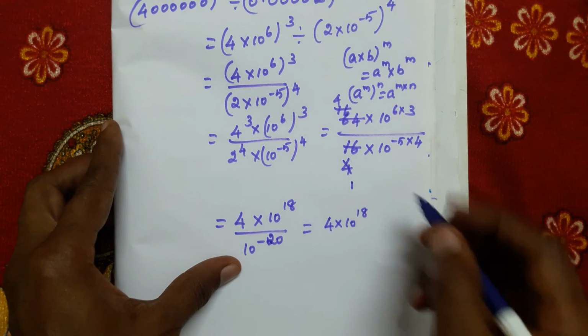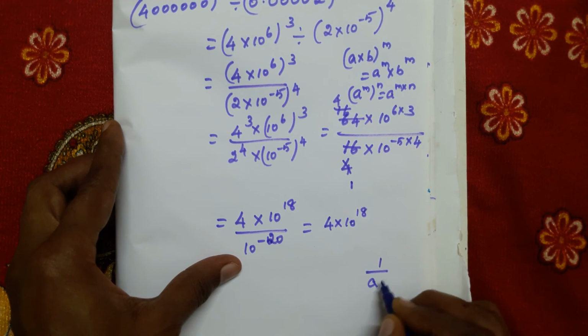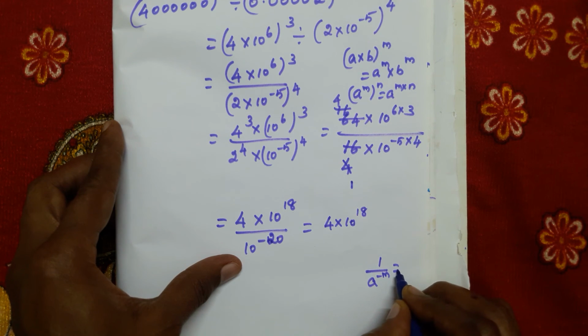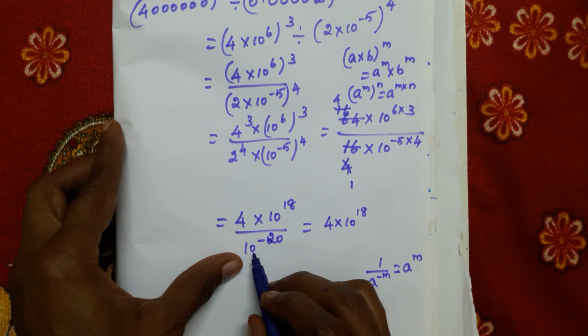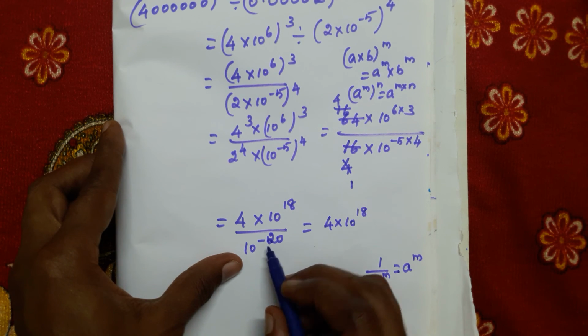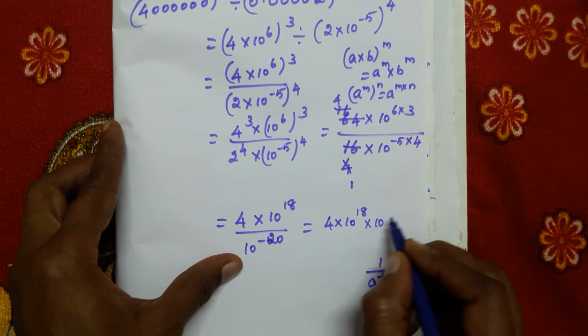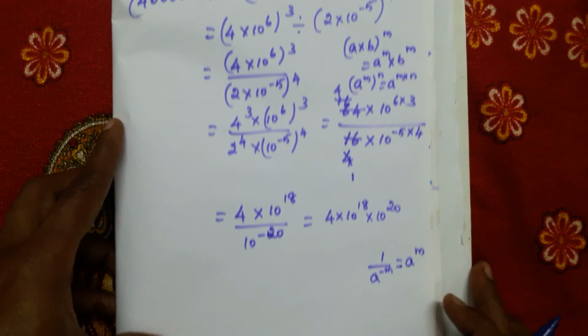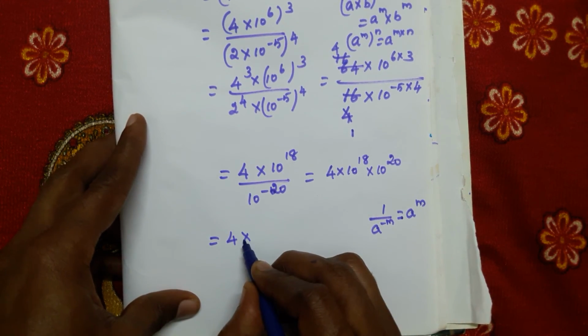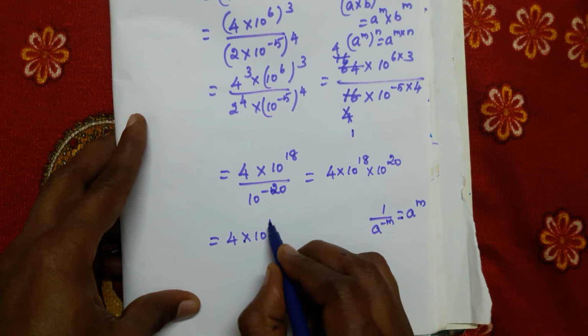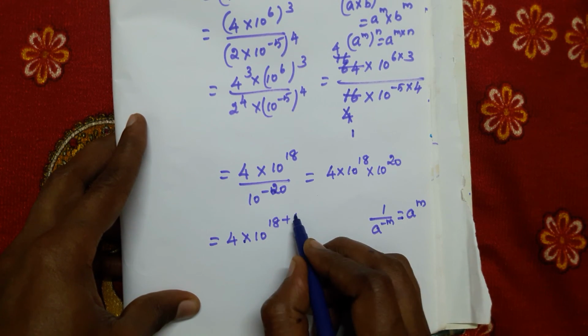When we write 1 by a power minus m, it is equal to a power m. We have already learned that 1 by 10 power minus 20 is equal to 10 power 20. So it is equal to 4 into 10 power 18 plus 20.